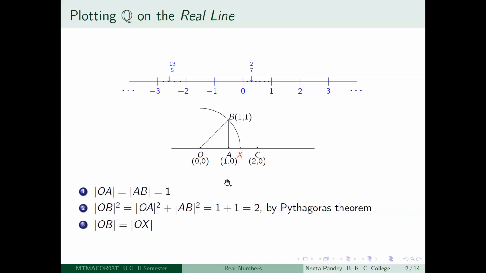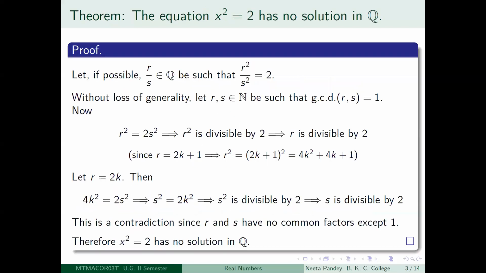So that x squared should be equal to 2. This is what we want. So if we can get a solution of the equation x squared equal to 2 in rationals, then that particular rational number will correspond to this point red X. So that is what we will show is not possible.